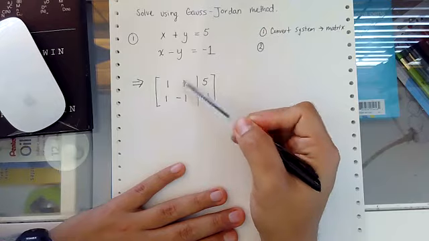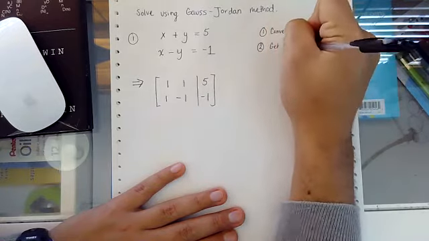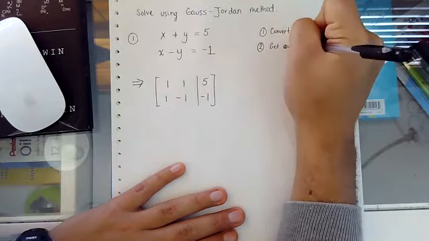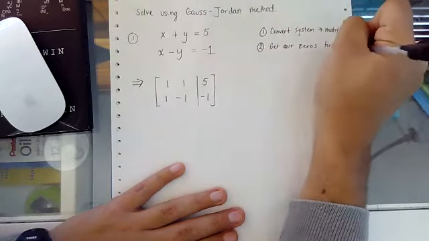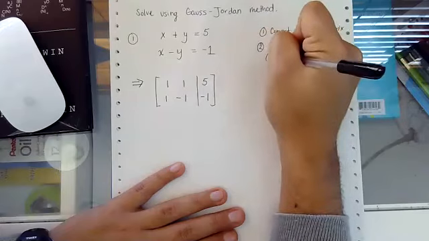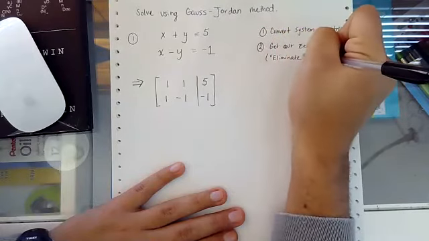What we want to do is get our zeros first. And so you might be thinking eliminate something somehow.